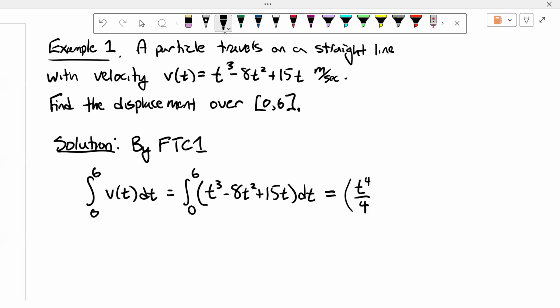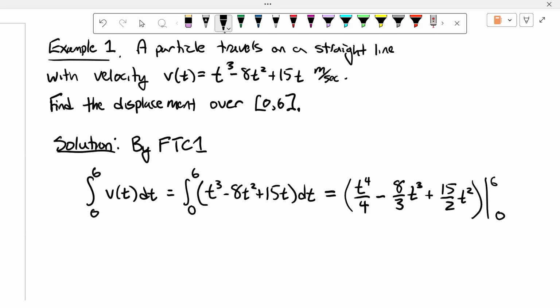Or 1/4 t to the 4th. How about this one? Correct. And then this one will be 15 over 2 t squared. That's the antiderivative, and I'll plug in at 6 and 0.